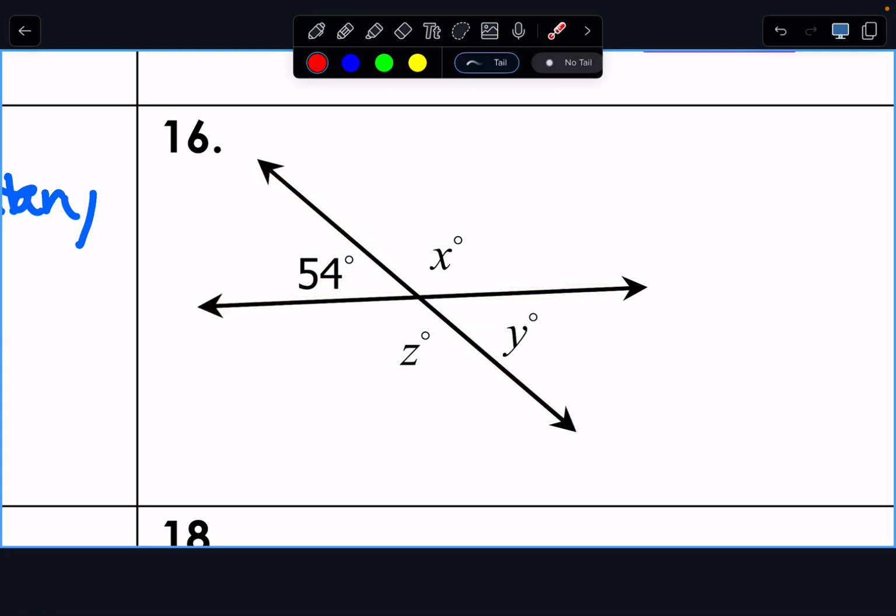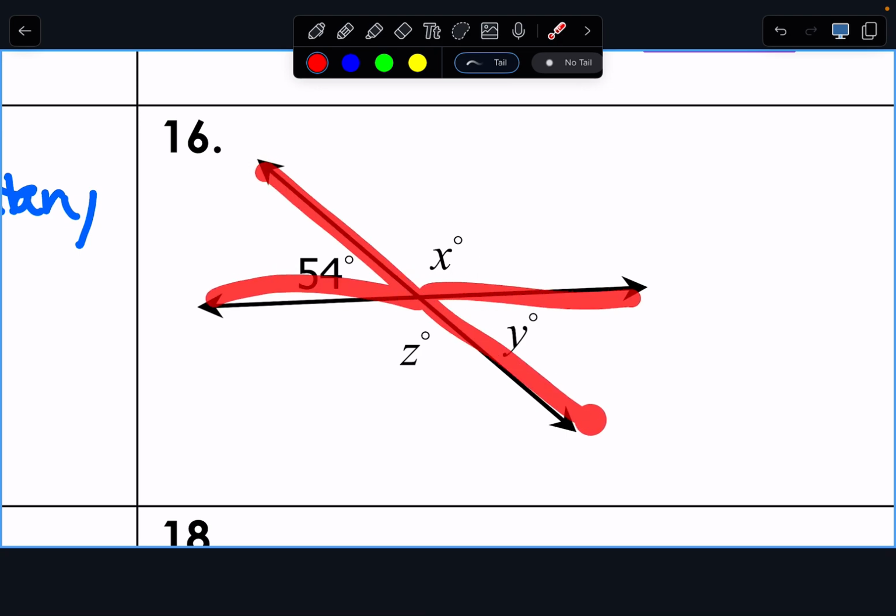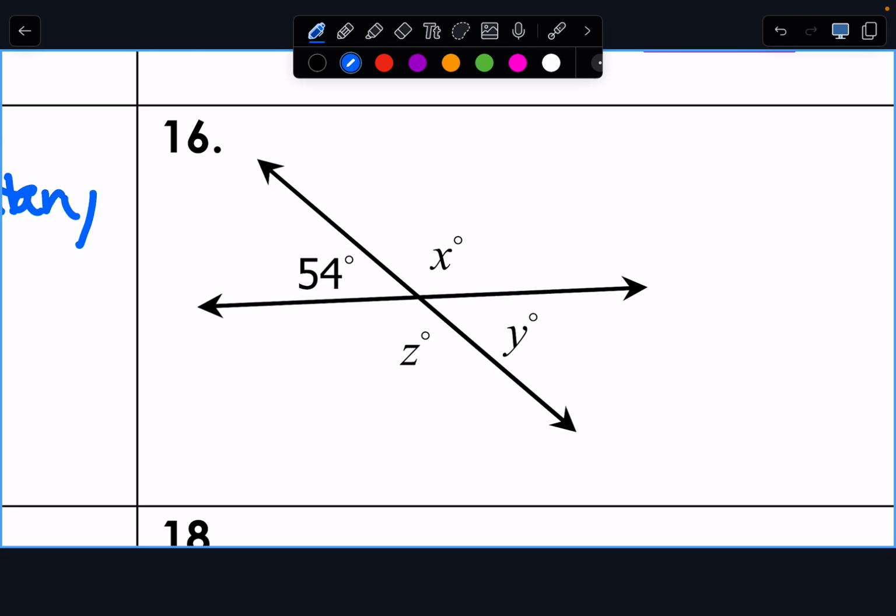What kind of angles are those? And what did we say about vertical angles? They're the same. So this means that y is 54. Some of you figured that out and then panicked.